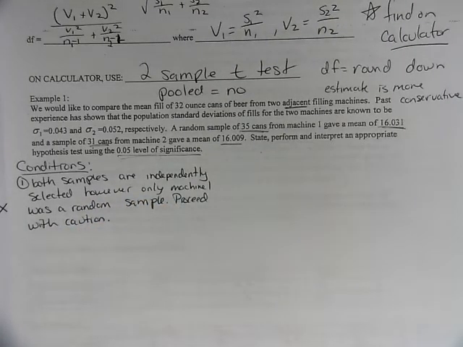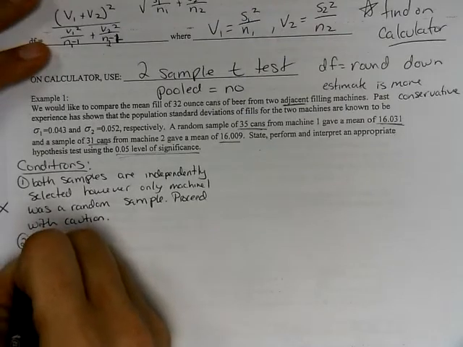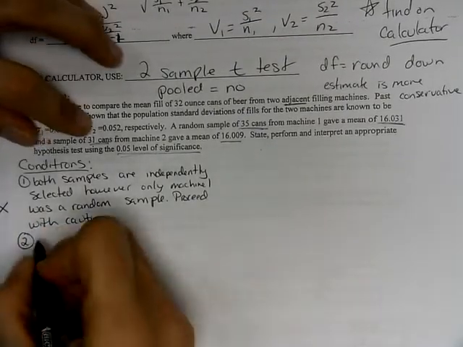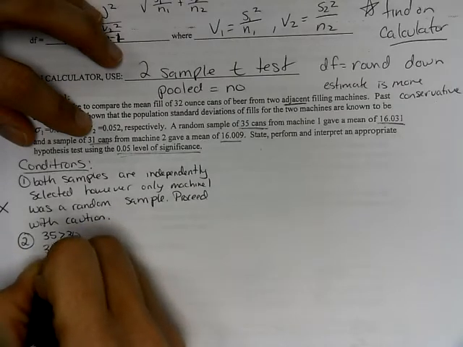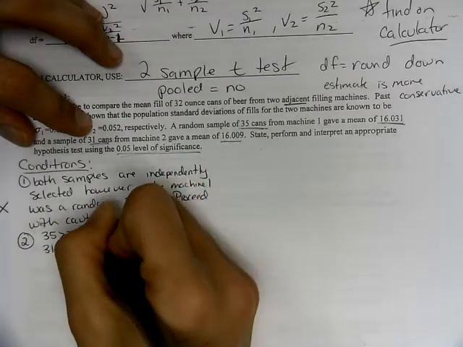Now, when you go to have your tests and quizzes, these two conditions should really be met. Okay. Now, look, are both greater than 30? Yeah, 35 is greater than 30. 31 is greater than 30.